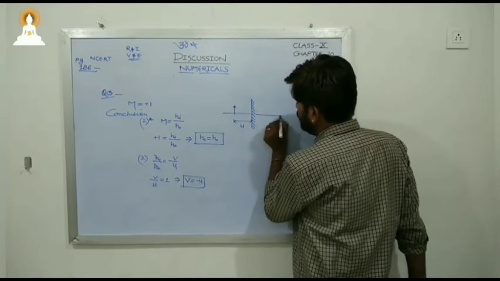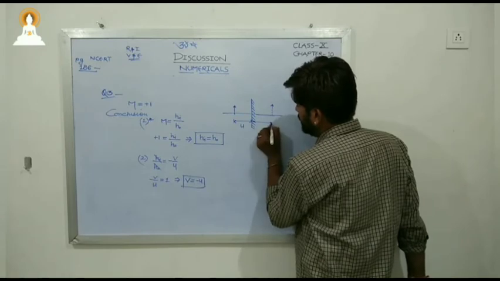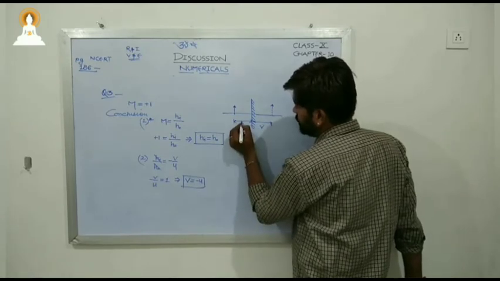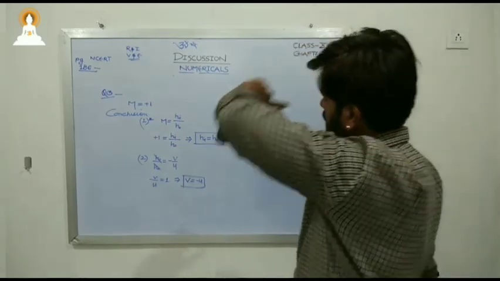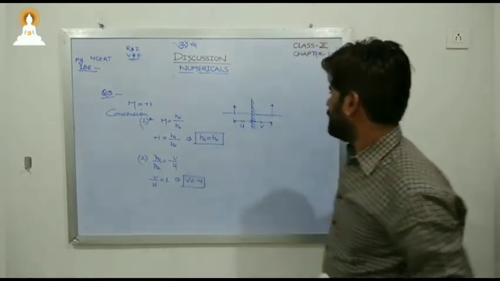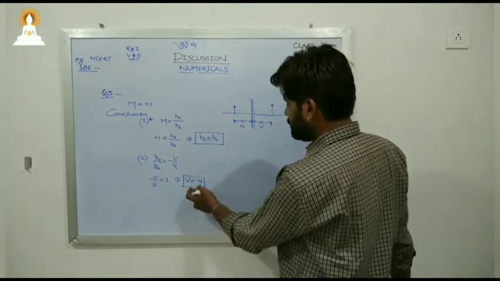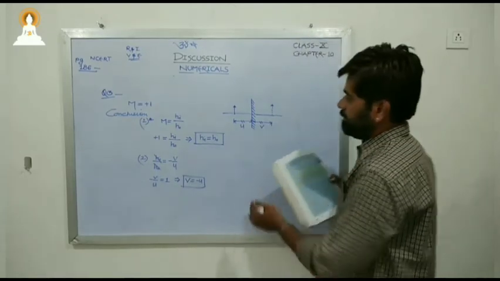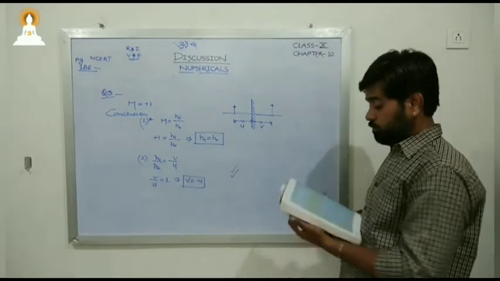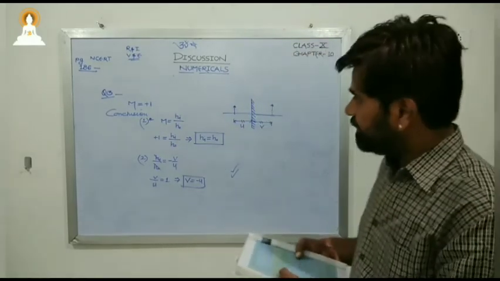That will be equivalent to the image, that is v. These both are equal. Height of image and height of object will both be equal, and m is plus 1. The image will be on the other side, and it will be virtual and erect. So these are the few conclusions. Now question number 13 is complete.